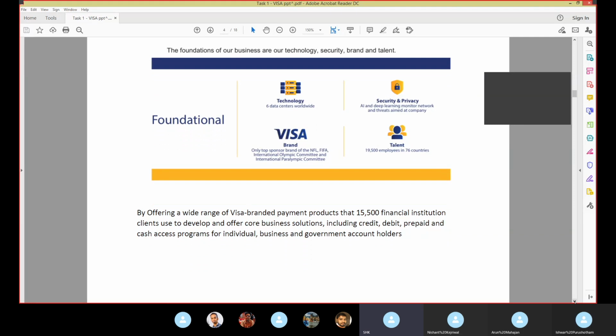Again, here it's more about Visa's foundationals. Visa has around 20,000 employees across around 70 countries, I guess, and it has a lot of products. It is connecting a lot of financial institutions with their products.